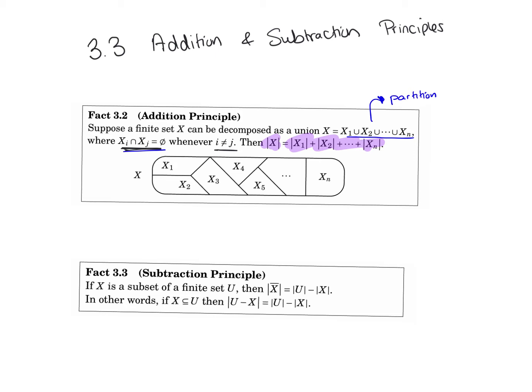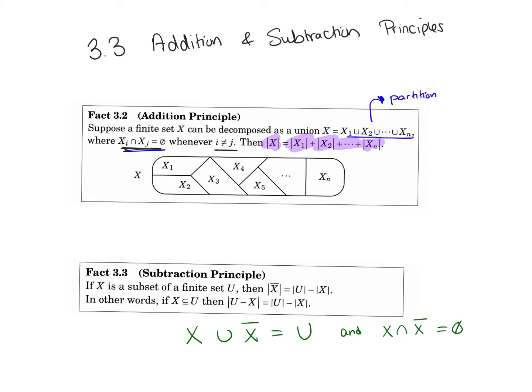And then the subtraction principle says that if you have a subset x of a finite set, then the cardinality of the complement is just equal to the cardinality of the entire set minus the cardinality of x. This is actually just an application of the addition principle. I know that x union x complement is going to give me the entire set, and I know that x intersect x complement is the empty set.